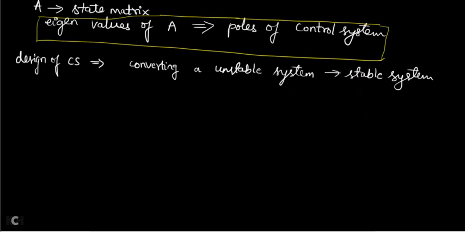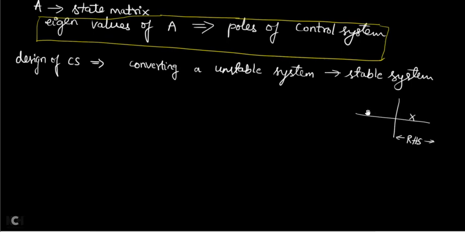Now consider one example where a pole is present on the RHS of your S-plane. If a pole is present on the RHS of an S-plane, then the system is said to be unstable. Now, in order to make the system stable, let me move this pole which is present on the right hand side to the left hand side.